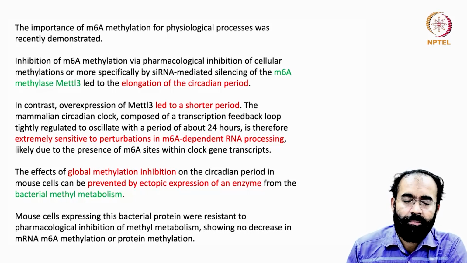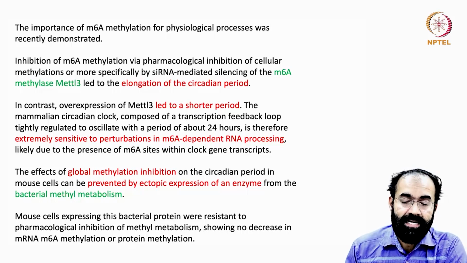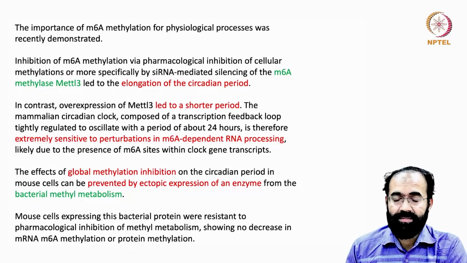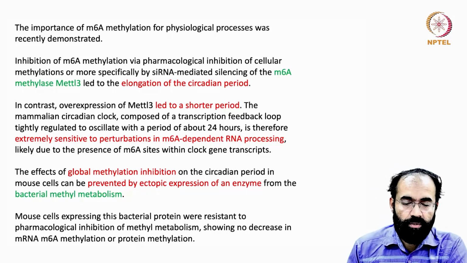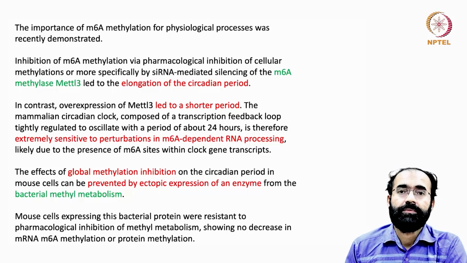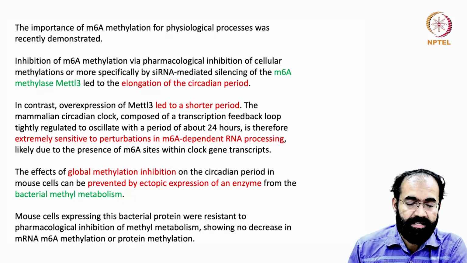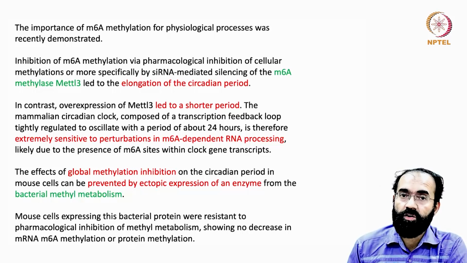The effects of global methylation inhibition on the circadian period in mouse cells, as done in this experiment, can be prevented by ectopic expression of an enzyme from the bacterial methyl metabolism. That is one way of rescuing it. So if you knock down the methylases, you have a prolonged circadian rhythm, but you can counter it by using an enzyme that is part of the bacterial methyl metabolism.